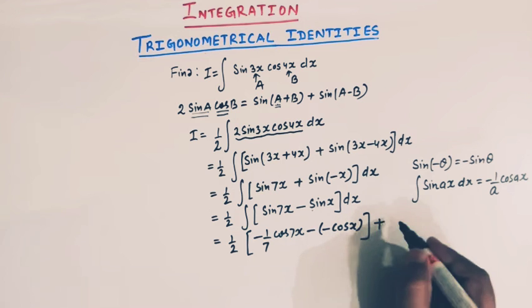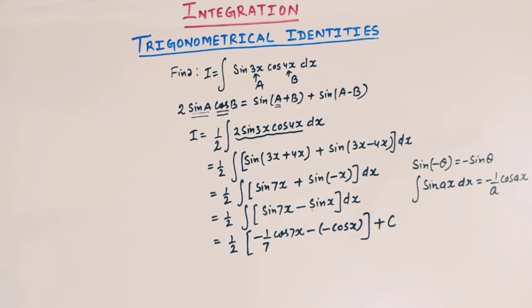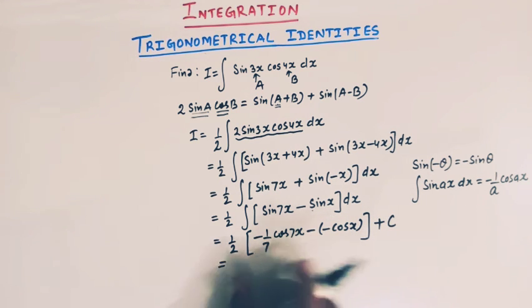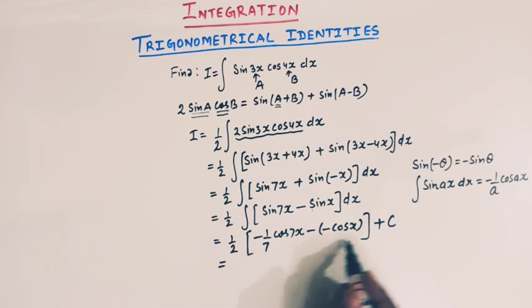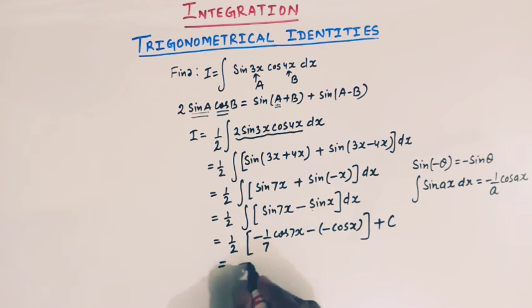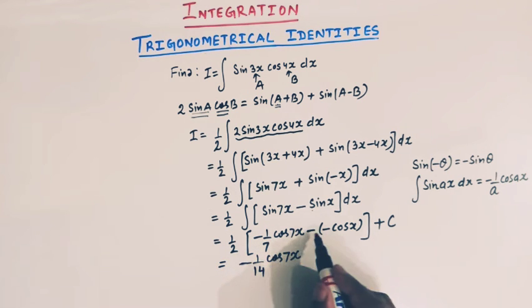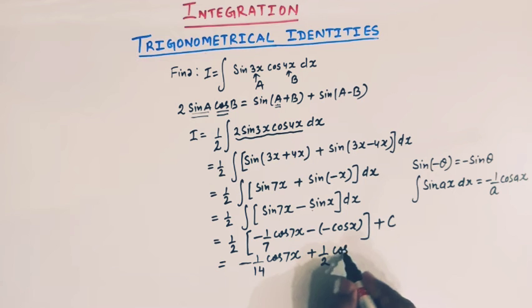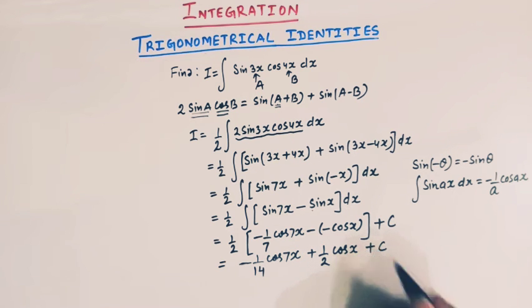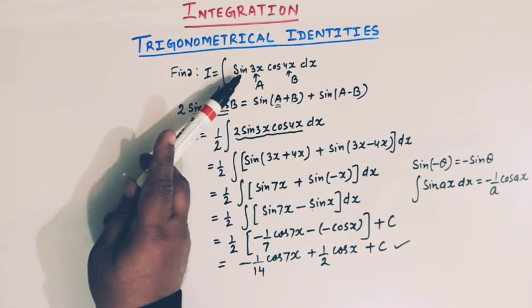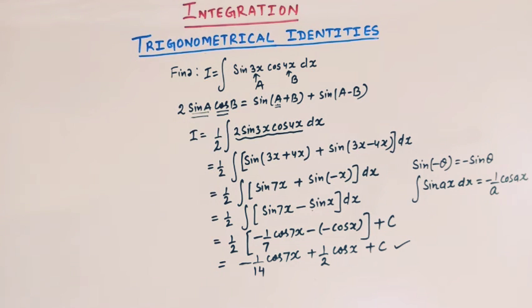And here we have the constant of integration as c, right? So now if we simplify it, then we have minus 1 over 14 cos 7x, and minus minus gets plus. So here we have plus half cos x plus c. So this is the integral of this function, right?